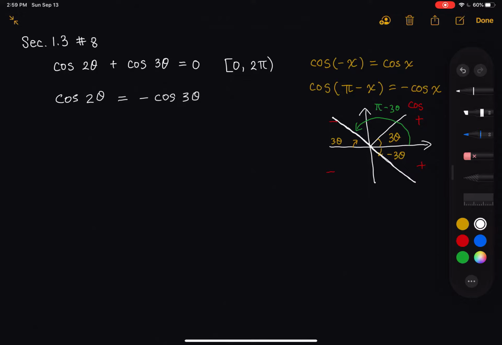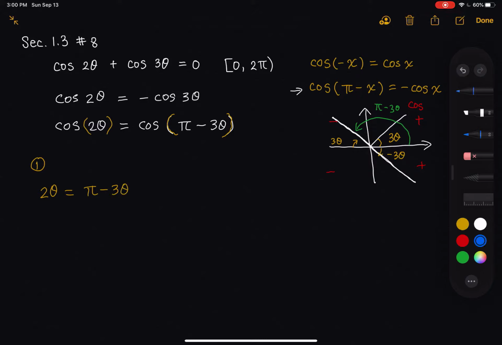Now we use this identity to transform it into cosine of 2 theta equals cosine of pi minus 3 theta. Now, cosine of an angle equals cosine of another angle. There are only 2 possibilities. Number 1, they are the same angle. So 2 theta equals pi minus 3 theta.